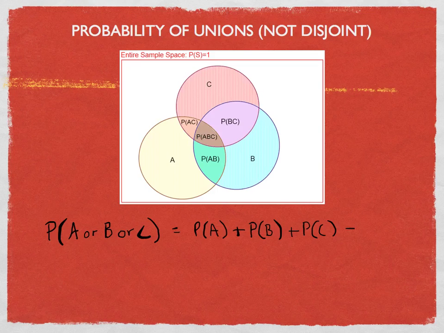So I'm going to have to go ahead and subtract the area of probability of A and B, B and C, here where they all three overlap, and then here where these two overlap. So that's going to look like this. So I'm going to have to subtract the probability of where A and B occur.